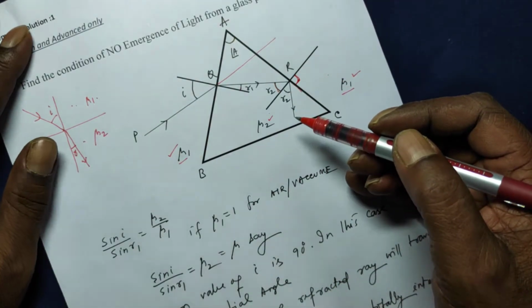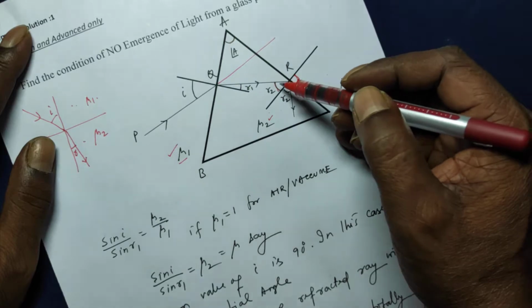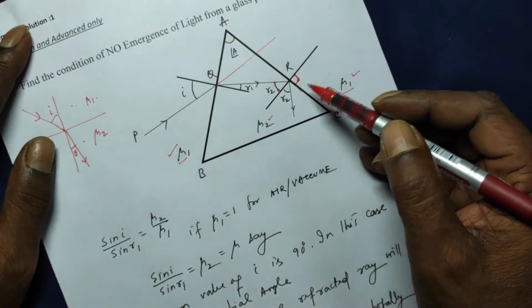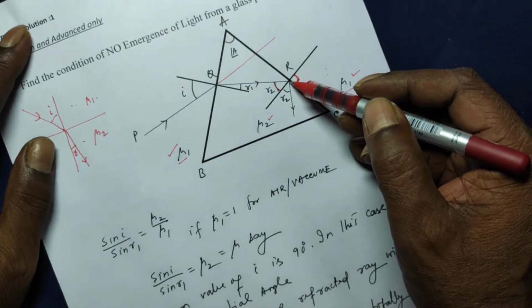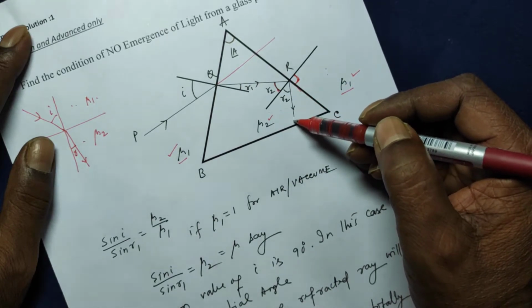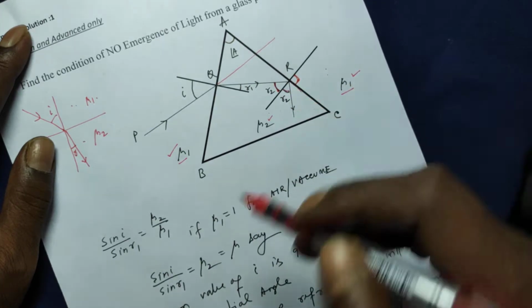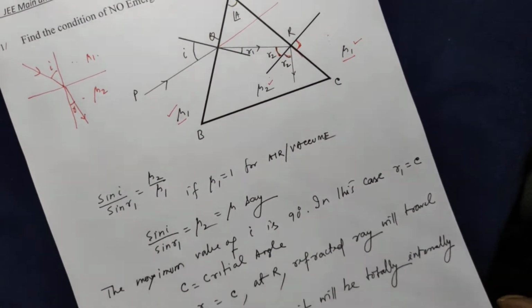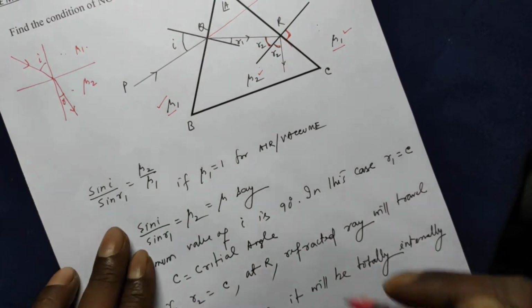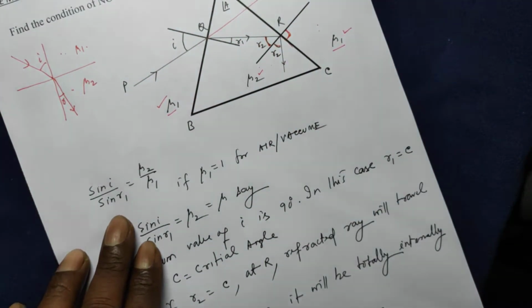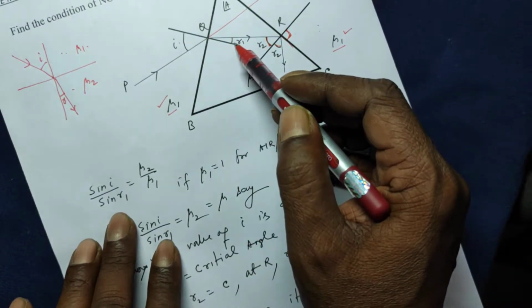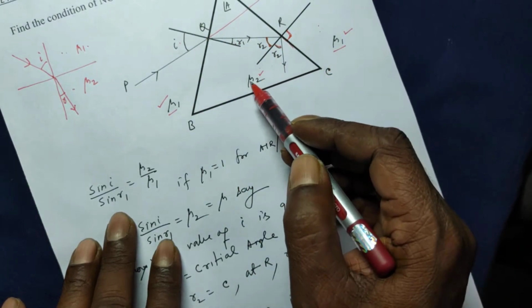And you also know about total internal reflection. If R2 is greater than the critical angle, then instead of coming to this side, it will be reflected in the same medium, making this angle equal to this angle. So now it is simple. Here, if you apply Snell's law, the second law of refraction, sine I over sine R1 will be mu2 over mu1.